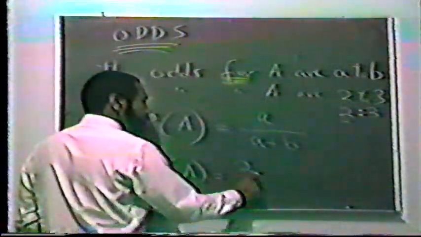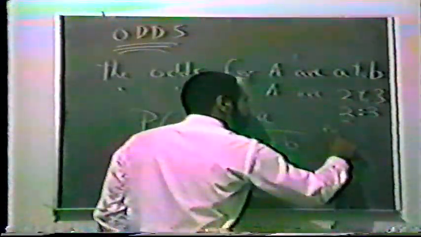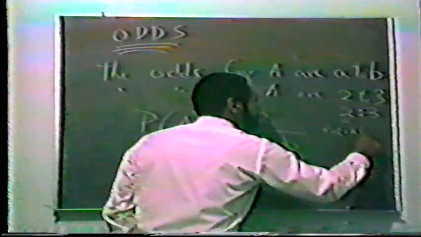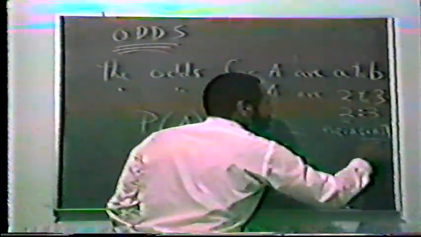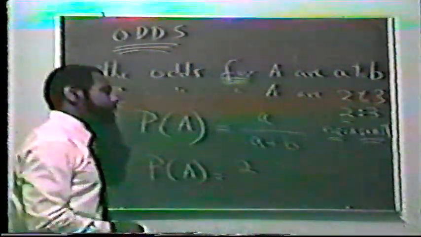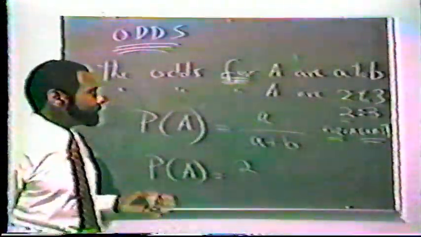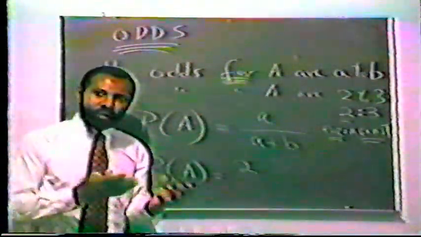The first number represents the for, and the second number represents the against. When you're saying the odds for A, the first number is the for number.